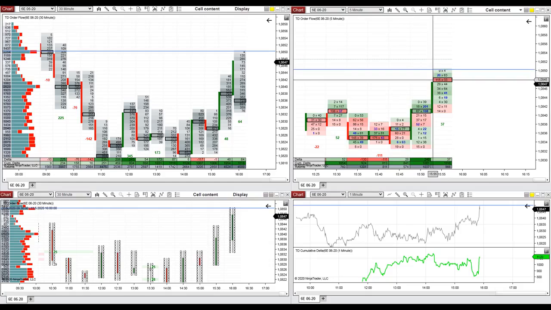Seems like sellers are jumping in here. This could be the first confirmation. If you are aggressive, you can enter in here right now. But let's see if we see anything else.